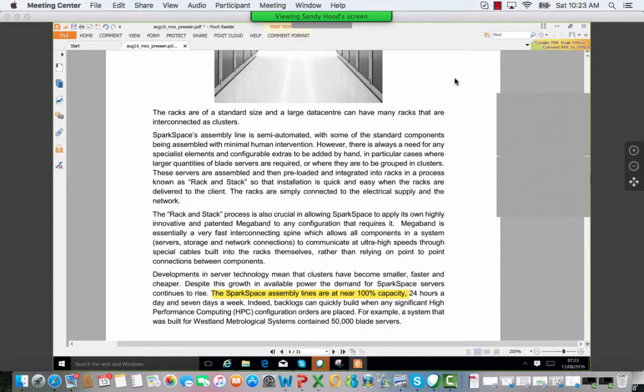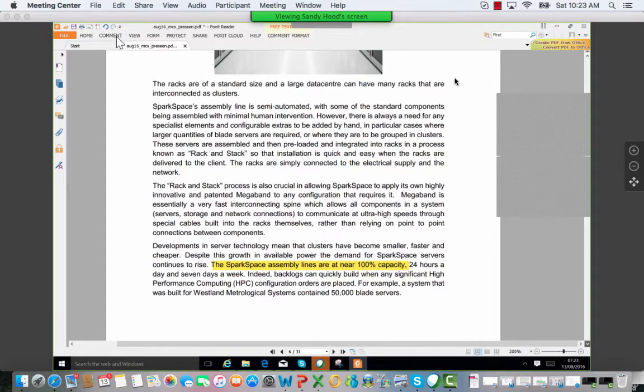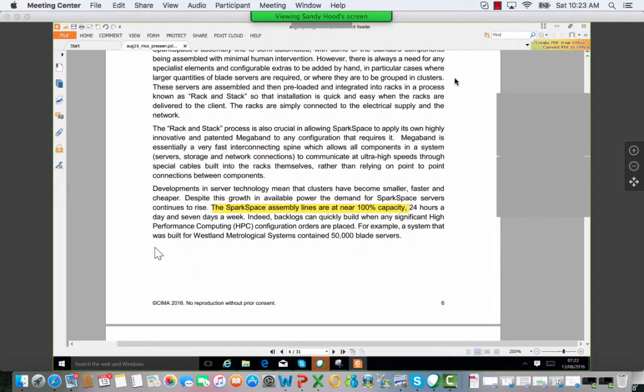So if we're now looking at the risk of lost sales, how can we deal with this issue?